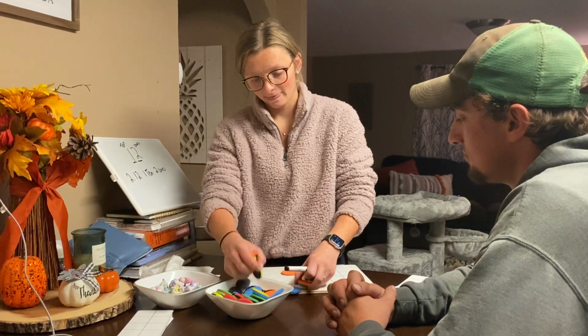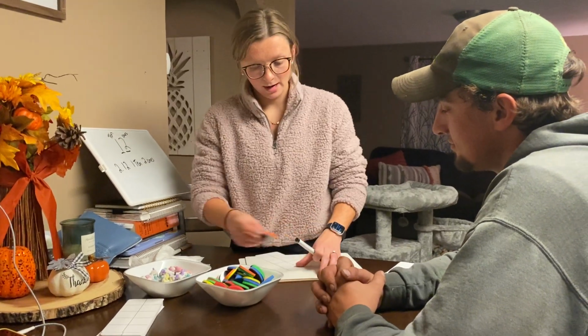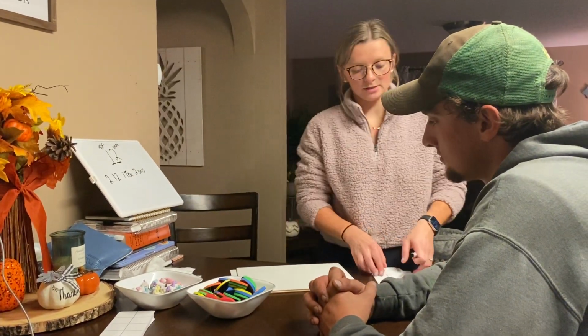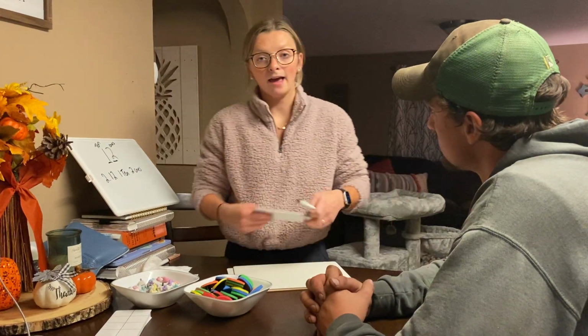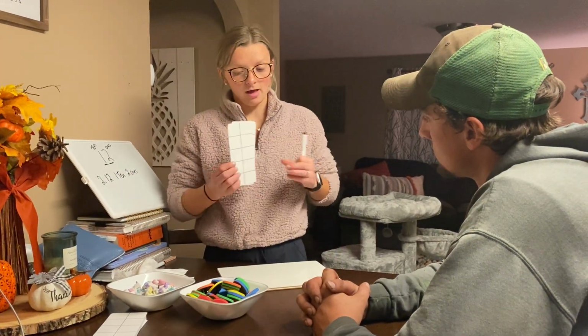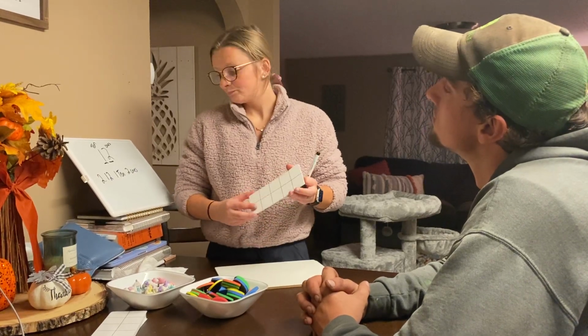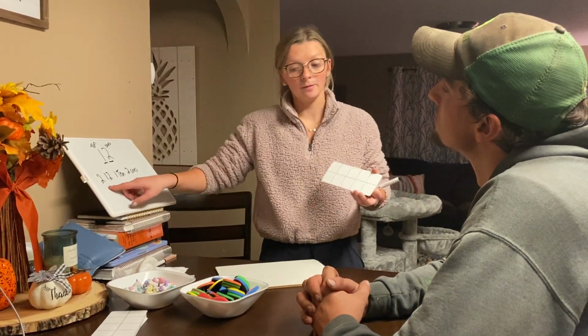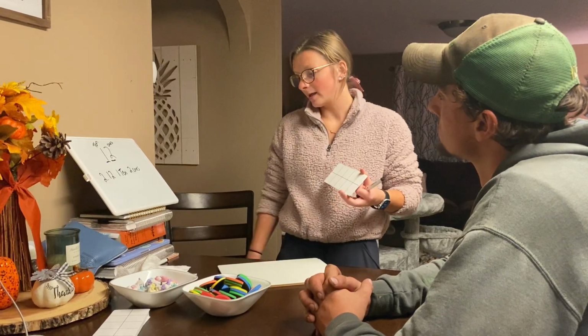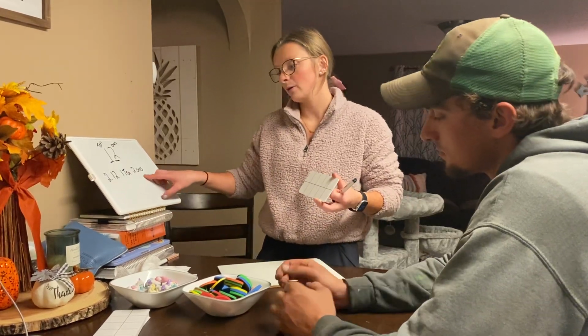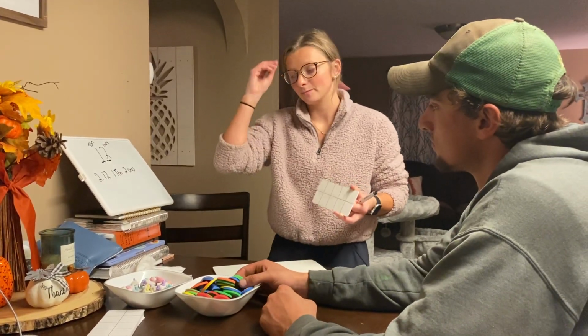Okay. And then I'm going to write up on the board 5 numbers, and I want you to do exactly what we just did using the 10 frame blocks. And then I want you to grab a piece of paper and a pencil and write it out, just like we did for the last 2 practice problems.